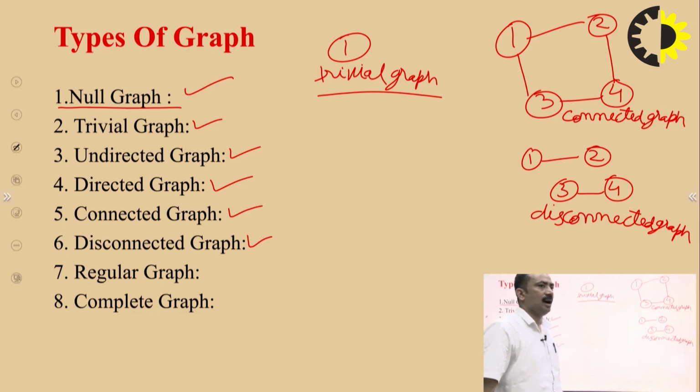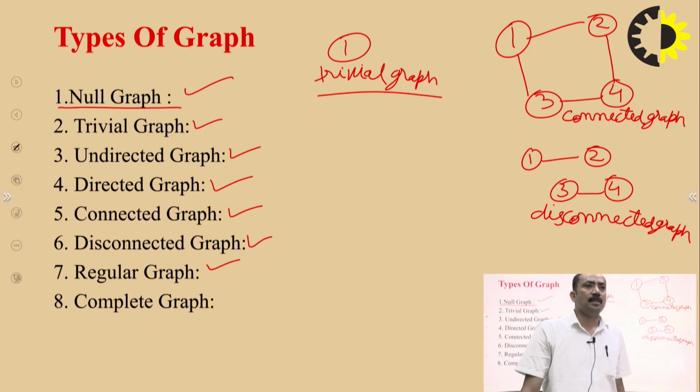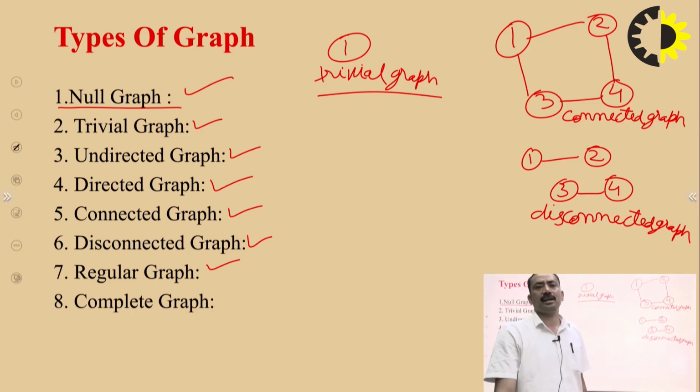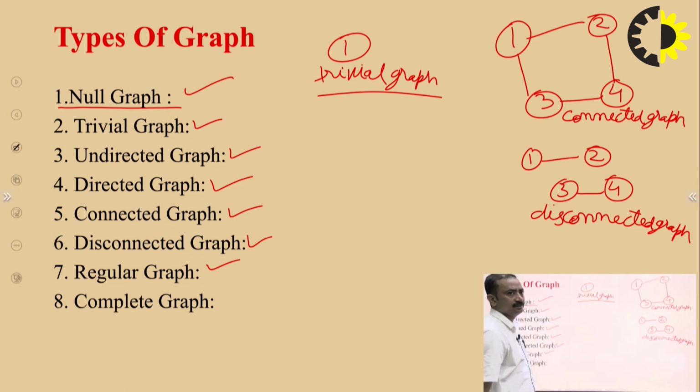Then we have a regular graph. The graph in which the degree of every vertex is equal to k is called the k regular graph. So the degree of every vertex is k.